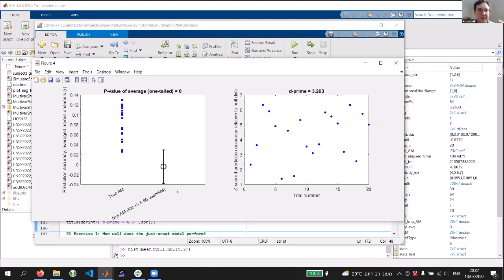So to answer the question, how well does this model do? There are a couple of ways you can look at it. One of them is to compare each of these dots to this null distribution. If we want to know whether the performance is better than chance for this subject, one way you can do that is by averaging these true values and seeing where it falls on the null distribution.